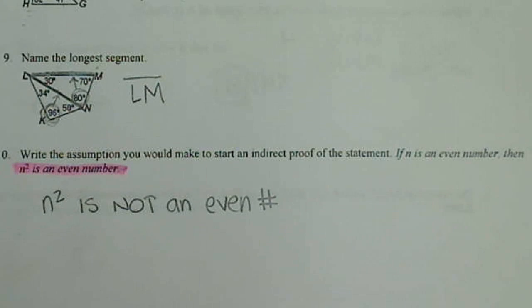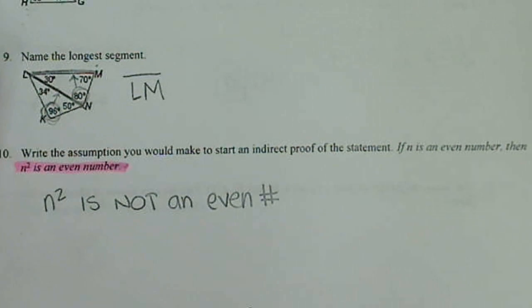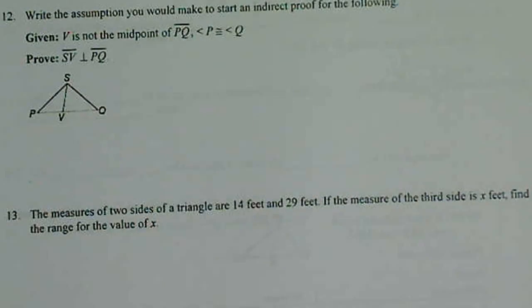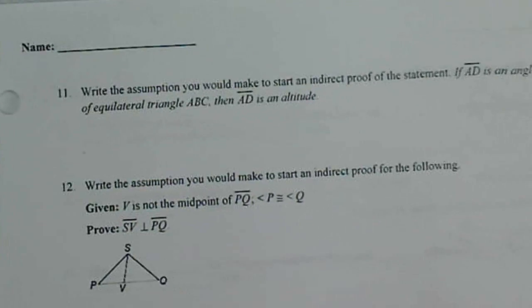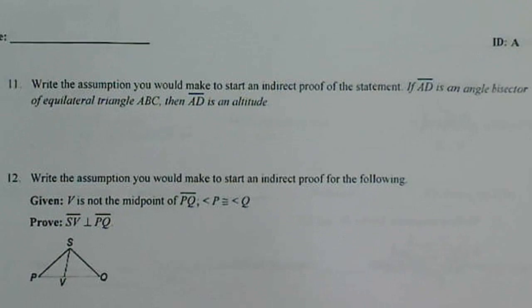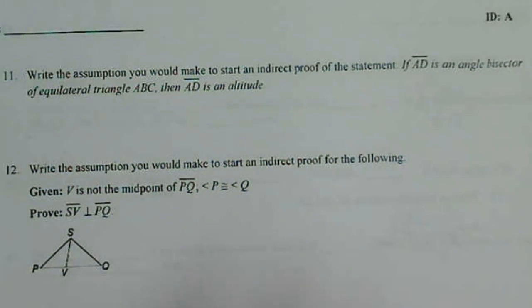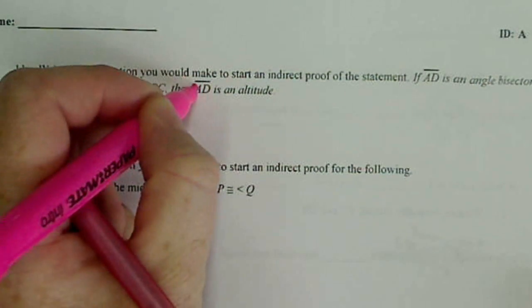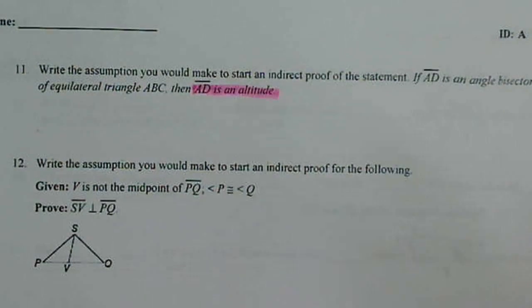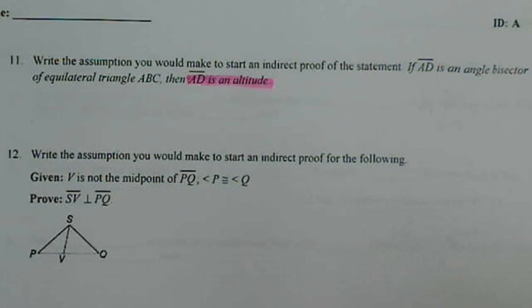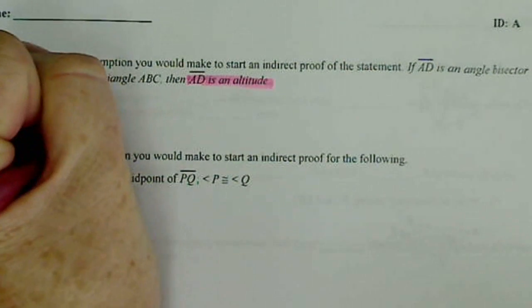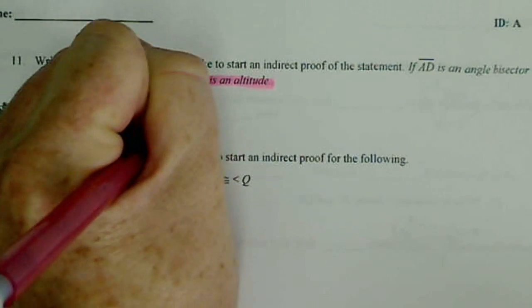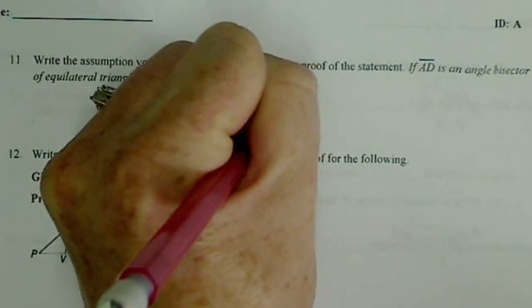You do not want to put that it is odd, because it could be 0. 0 is not even or odd. Alright? Number 11. I want to write the assumption on this one. So here is my conclusion. AD is an altitude. So my assumption, AD is not an altitude.